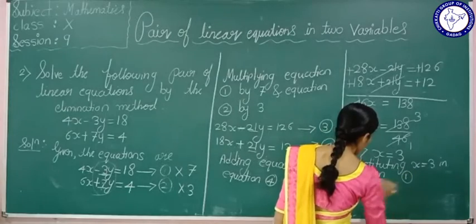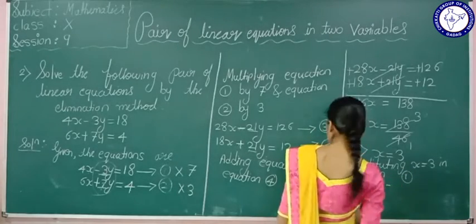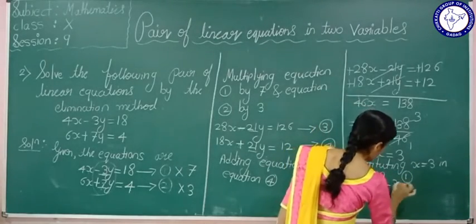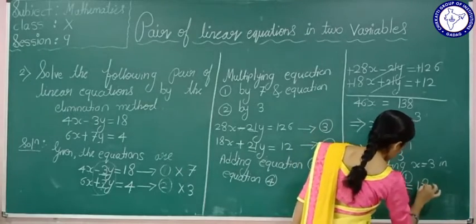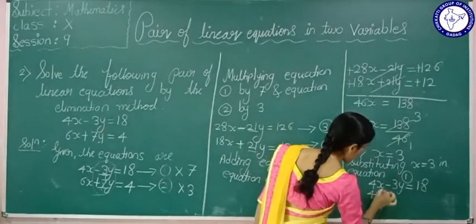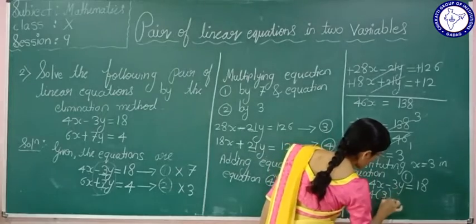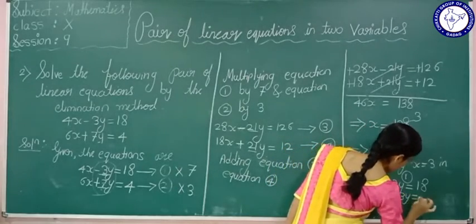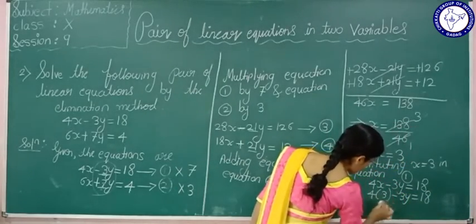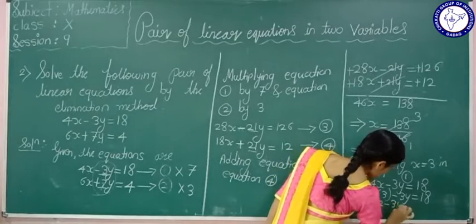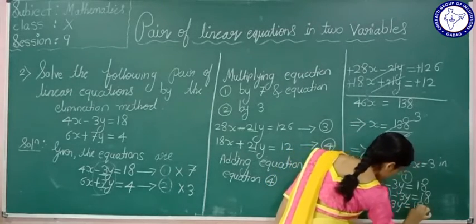What is that equation 1? 4x minus 3y is equal to 18. Now see here, 4 in place of x, what is this, students? 4 times 3 minus 3y is equal to 18. 4 threes are 12. 12 minus 3y is equal to 18.